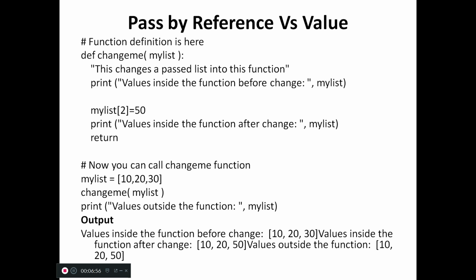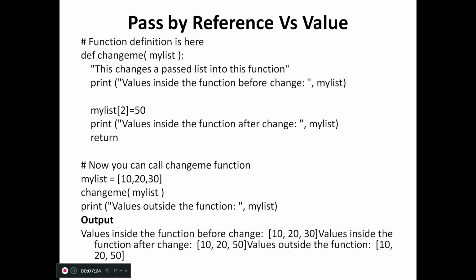For example, you can see on the screen the function definition is here. Def change me, my list. This changes a passed list into the function. Print values inside the function before change. That my list, my list index 2 is equal to 50. Print values, my list, return. Now you can call the change me function, change me my list.